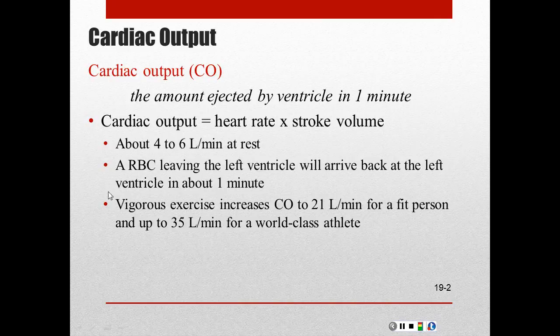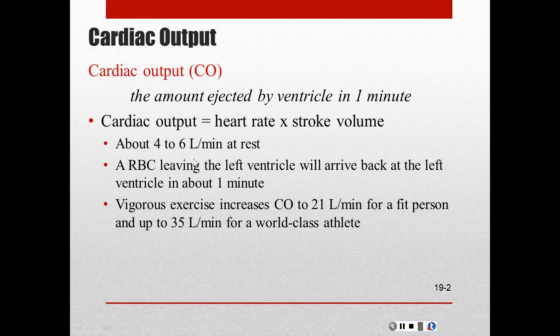Now the body's total volume of blood is 4 to 6 liters per minute at rest, and it passes through the heart every minute. Now our cardiac output at 75 beats per minute times 70 milliliters per beat can give us approximately 5,250 milliliters.